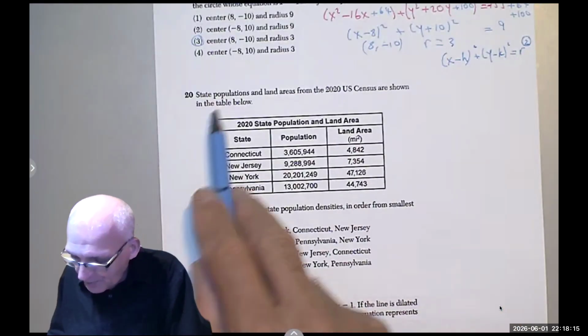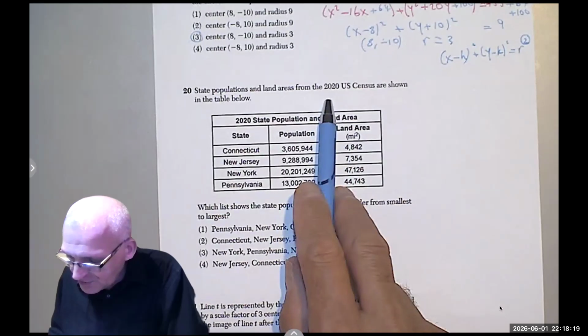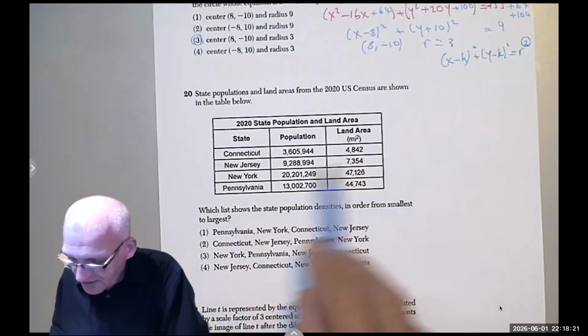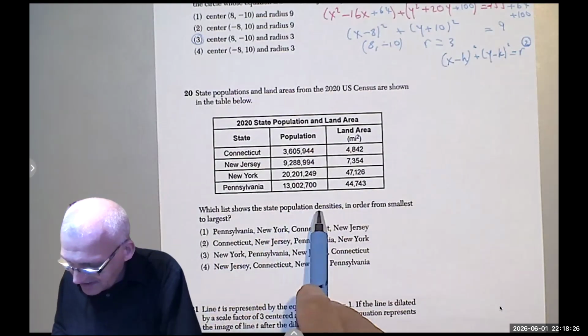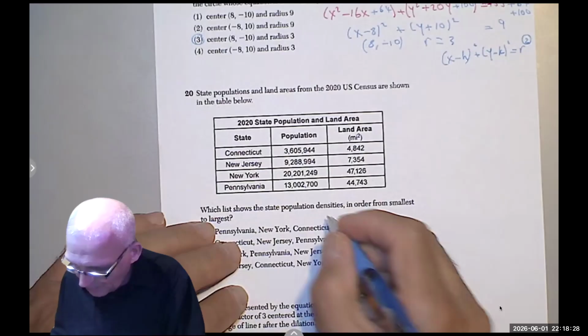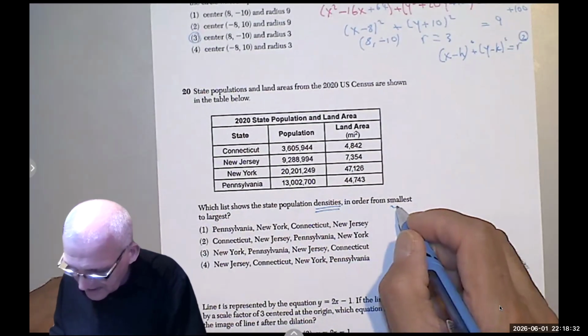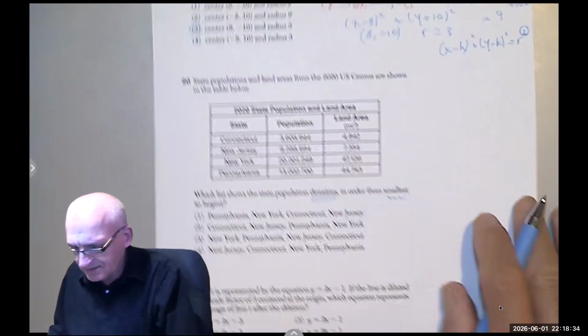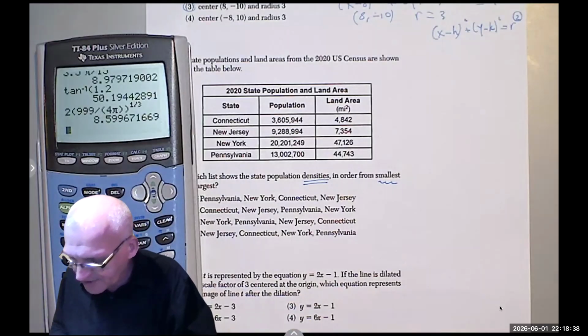20, state populations and land areas from the 2020 US Census are shown in the table below. Which list shows the state population densities, meaning population per area, in order from smallest to largest? Well, I don't know why this has to do with geometry.